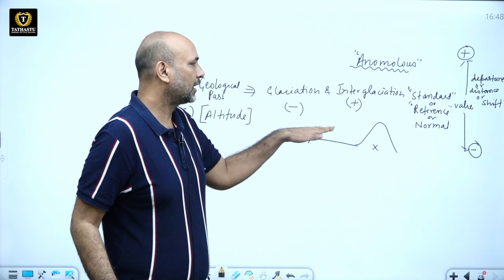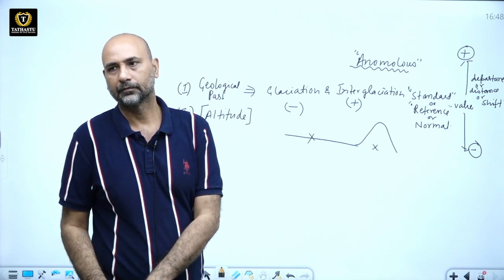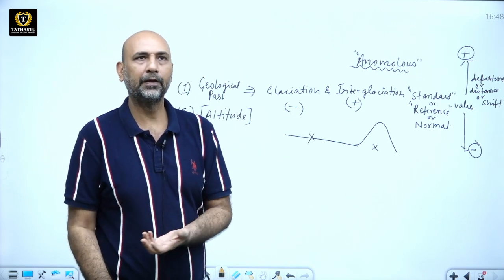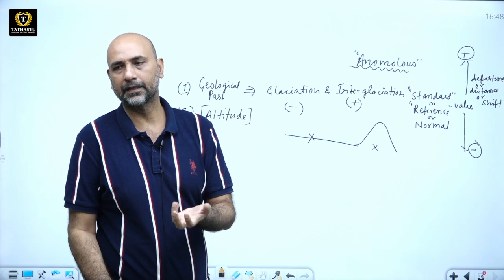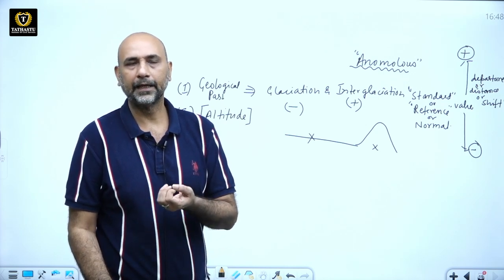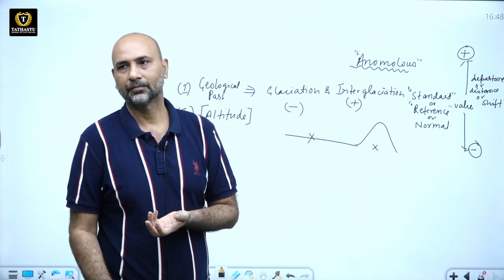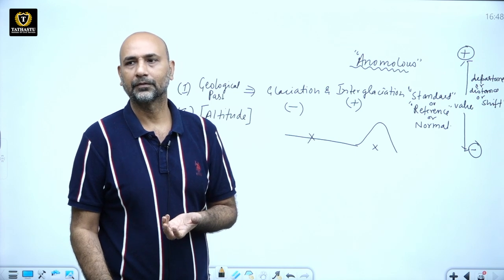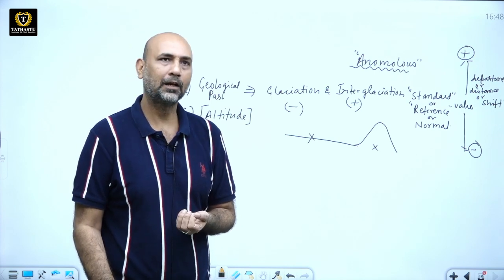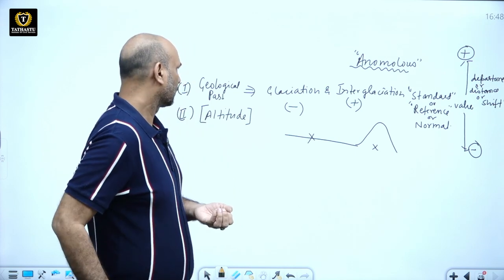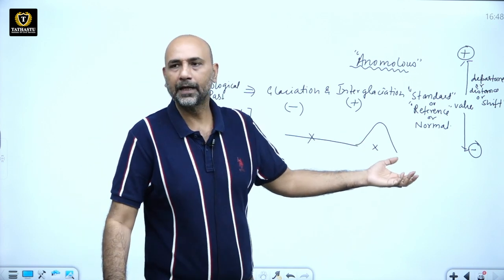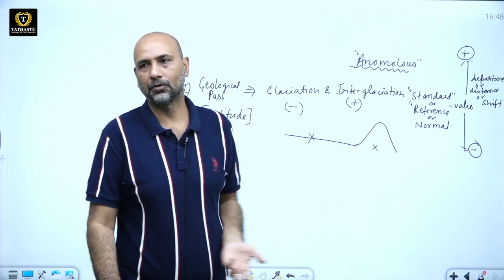One is highland, another is lowland. I am giving you the example of Sikkim and northern Rajasthan. Both are in the same latitudinal zone. Which is hotter? Rajasthan, low altitude, and Sikkim has high altitude, so it is colder.